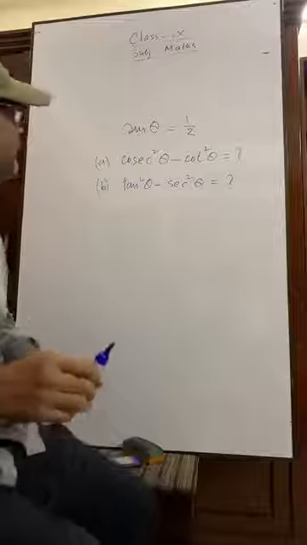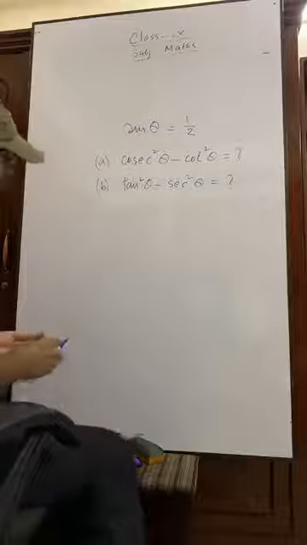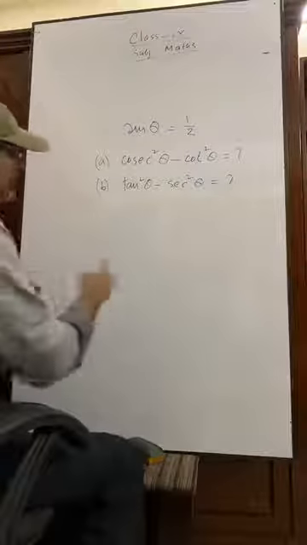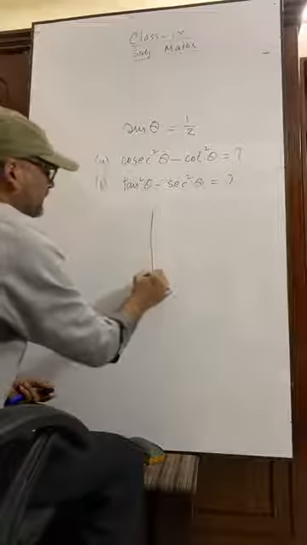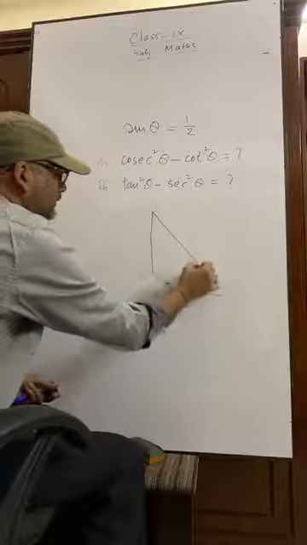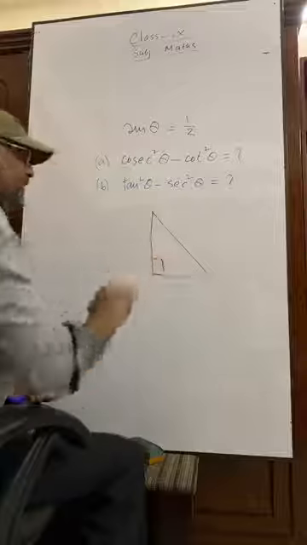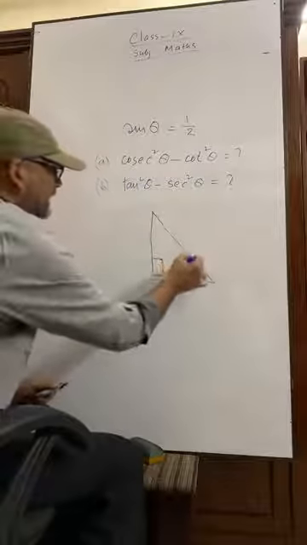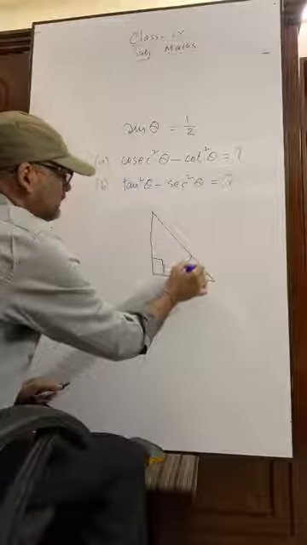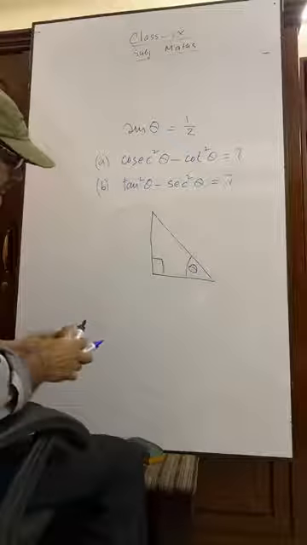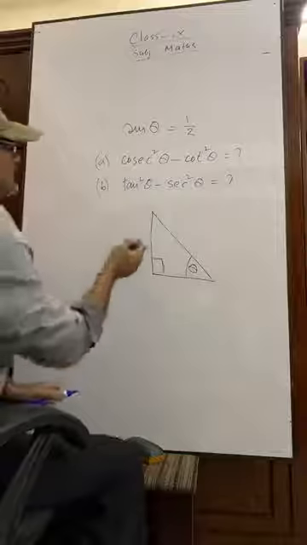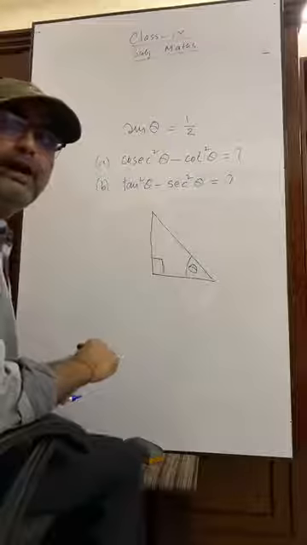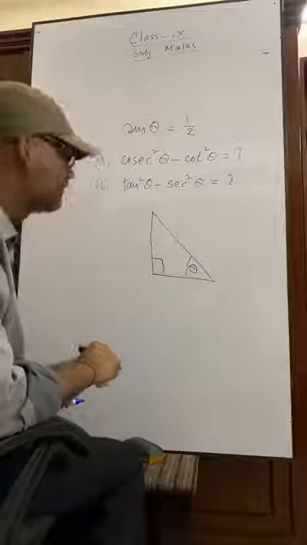What is the rule? You will do this math like this. Suppose this is a right angle triangle. This is the angle theta. Now, sine theta is equal to perpendicular by hypotenuse.